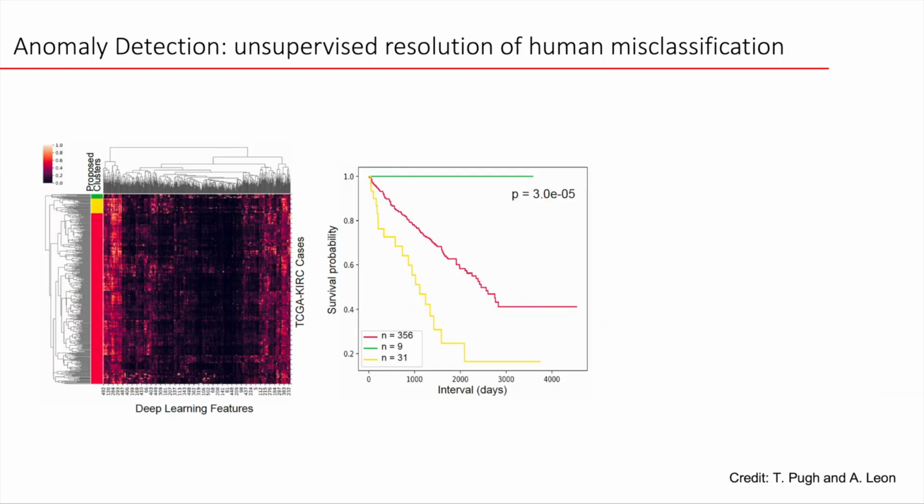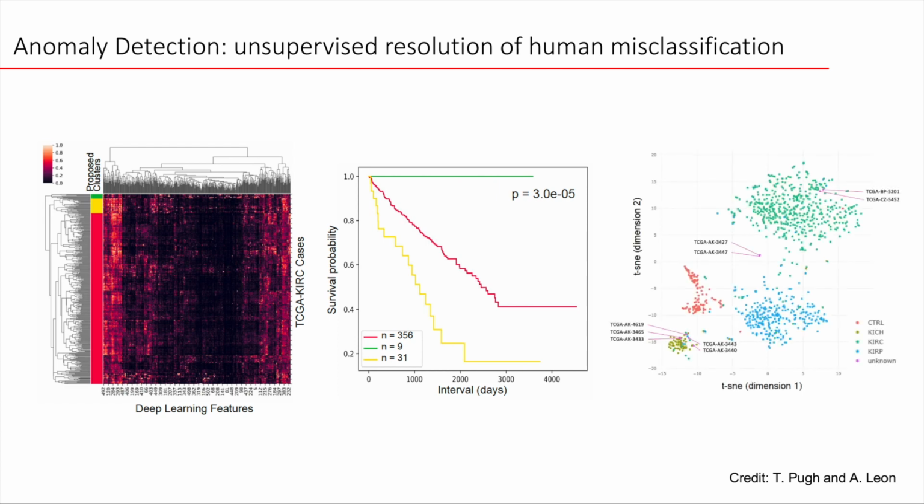So to do this, we needed an external approach to understand if these tumors that had high oncocytic correlate were in fact true renal cell carcinomas of the clear cell type, or if perhaps they represented misclassifications of other subtypes with a more favorable outcome.